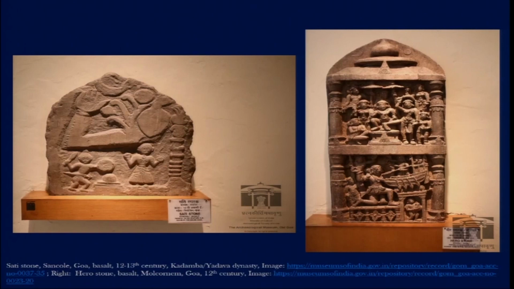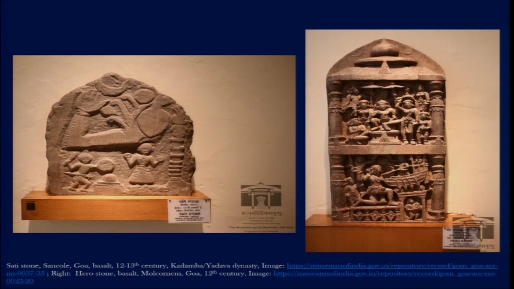And here we also find that there is perhaps a warrior figure in the lower register of this Sati stone, and perhaps, it's not properly identified, but it seems that there is a Shiva Lingam also presented here. And why we say that is because there are many other Sati stones and hero stones where the people who have died were identified as worshippers of Shiva or Vishnu, mostly Shiva.